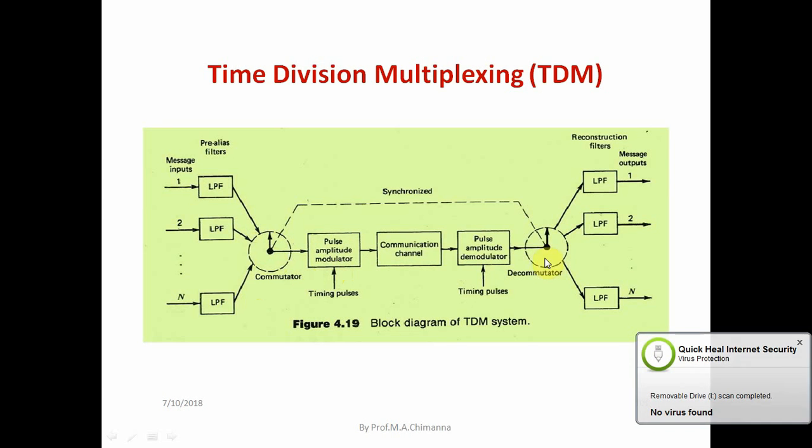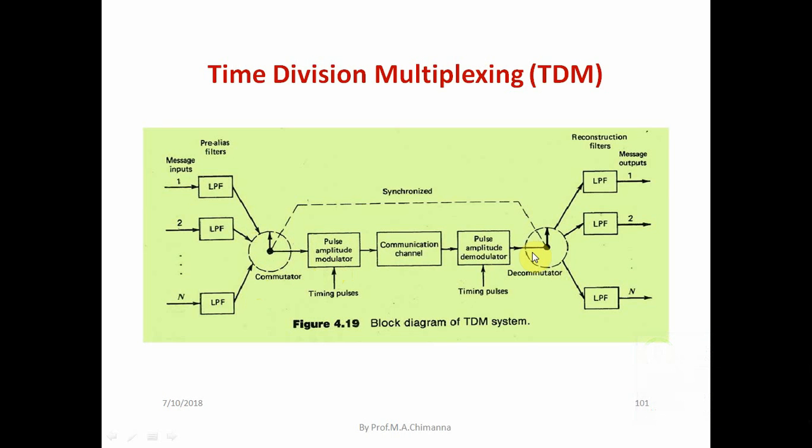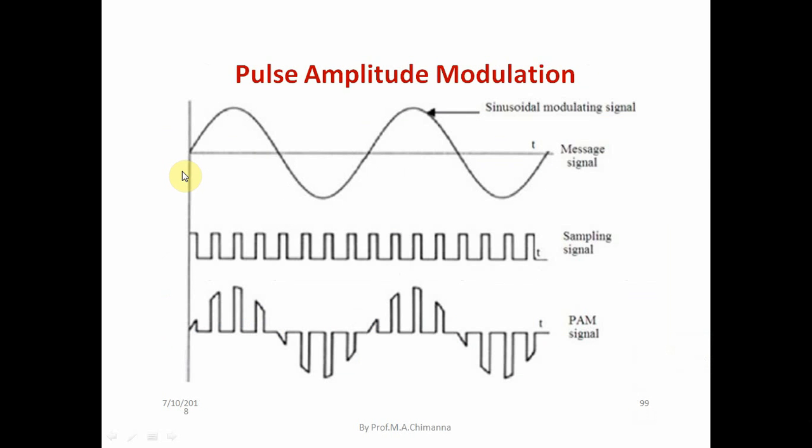The commutator and the decommutator are both synchronized. Then in the pulse amplitude modulator, the amplitude of the pulses changes with reference to the information bearing signal, just like this. The amplitude of each pulse is varied in accordance with the information bearing signal.